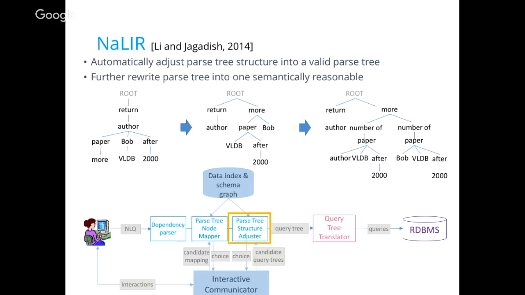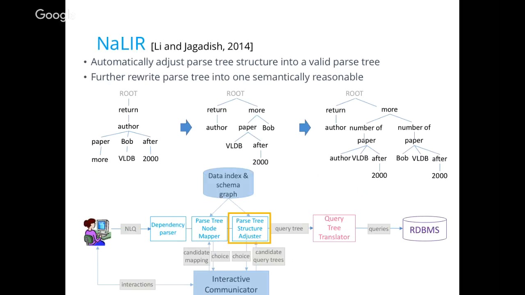It also rewrites the original path tree into a semantically more reasonable path tree. All these rewrites are done in a deterministic fashion. So there are rules to say, given this case, how do I rewrite it into a different path tree?